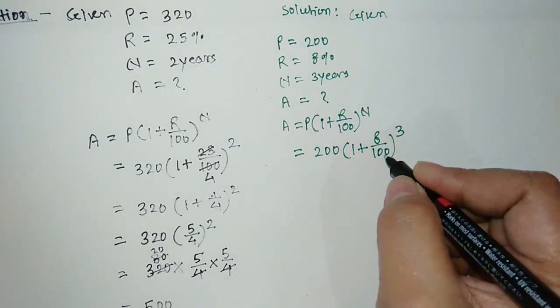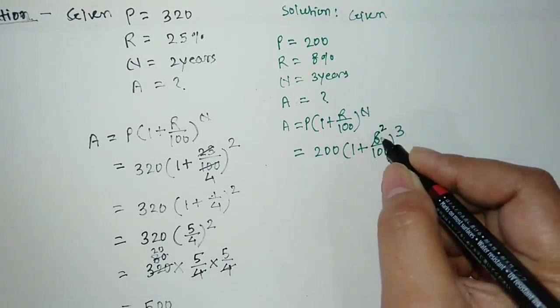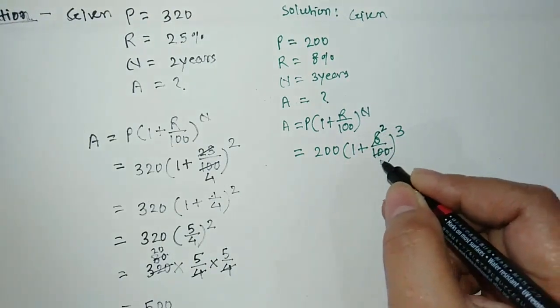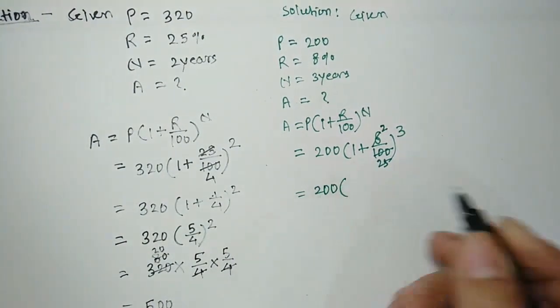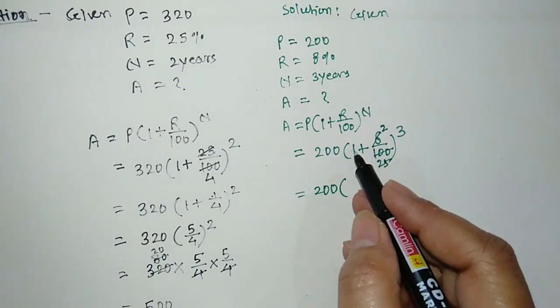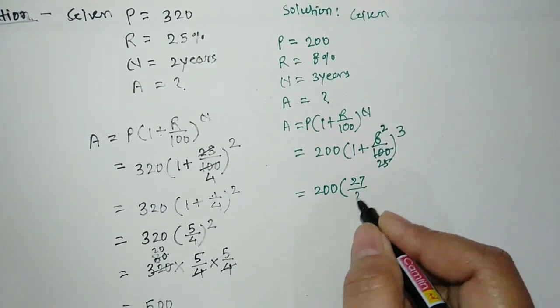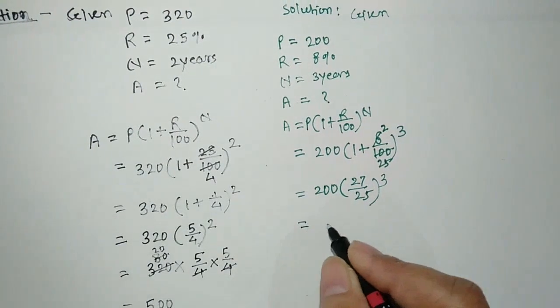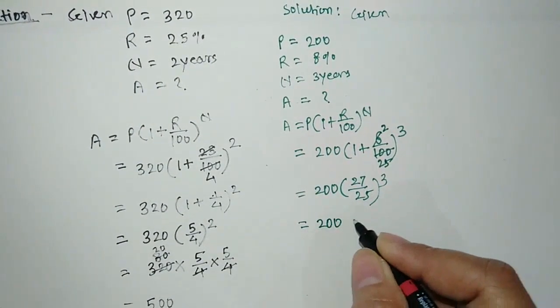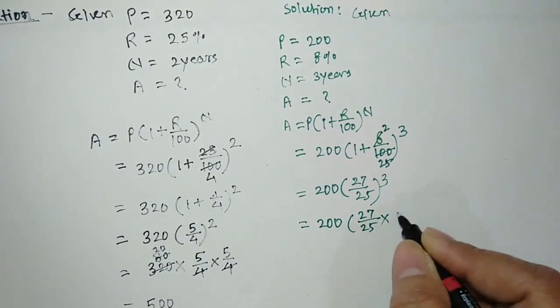So take the reduction here. 4 twos are 8 and 4 twenty-fives are 100. So 200 into 25 ones are 25, 25 plus 2 is 27 upon 25 raised to 3. So take the 3 times multiplication of 27 upon 25.